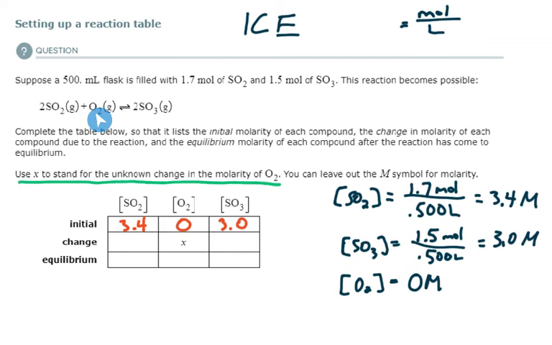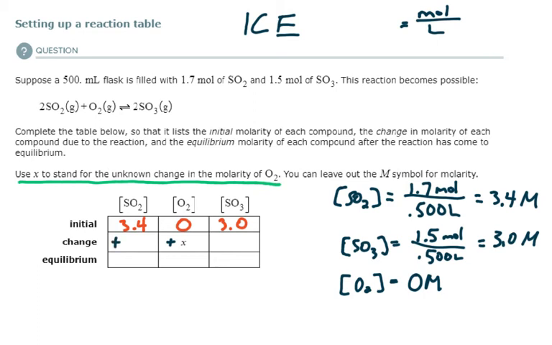O2 is on the product side. So this is telling us that the concentration of O2 is going to increase by some amount, some change. We don't know what that change is, but we're going to let X represent that change, and we know it's going to increase. Well, oxygen is a product. If the concentration of this product increases, then so should the concentration of the other product. So if X is positive for oxygen, it's also going to be positive for sulfur dioxide.